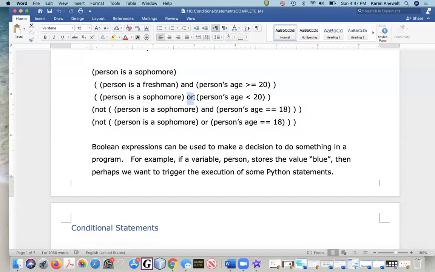If you're evaluating an OR expression, you're typically saying if one or the other or both is true, then the overall expression is true. And the same thing's true in computer science. And then finally, if you're saying not, it's like taking the inverse operation, always gives you the opposite of the operand's value.